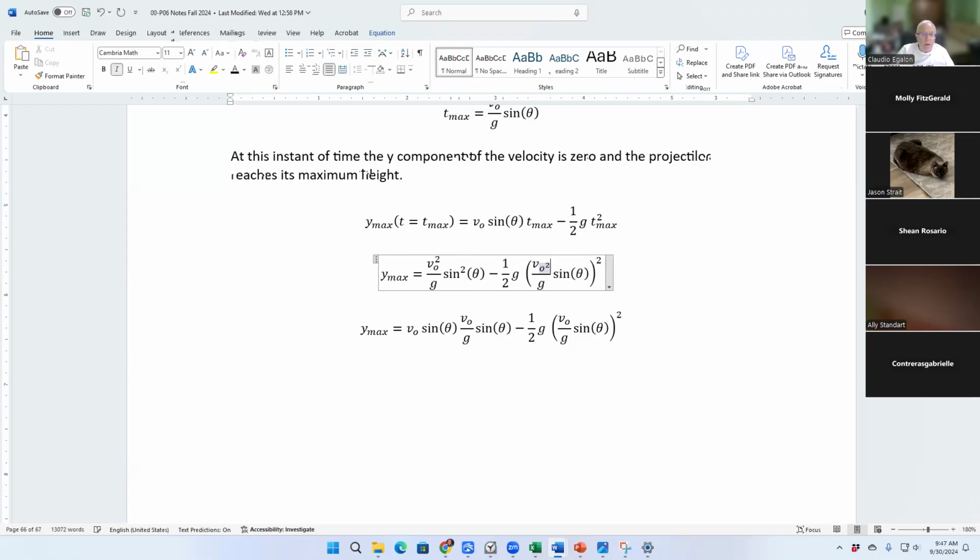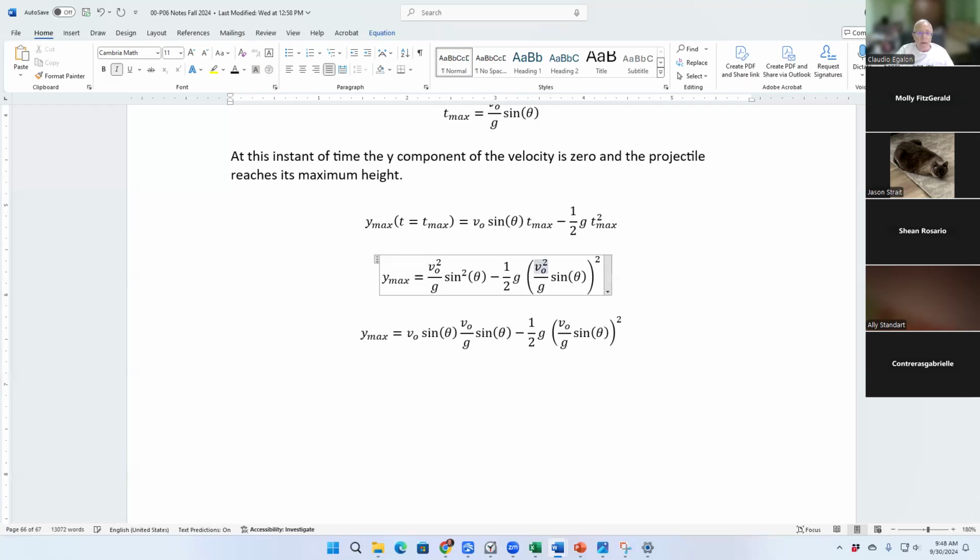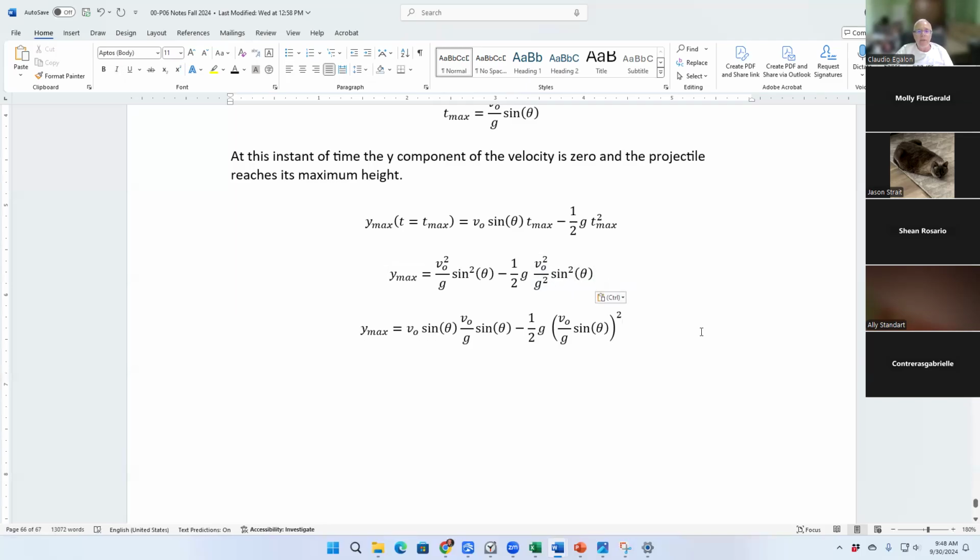Square the V naught, square the sine. Oh, I squared the wrong one. There you go. Square the sine, and square the G. Now I don't need the square after the parentheses anymore, right?